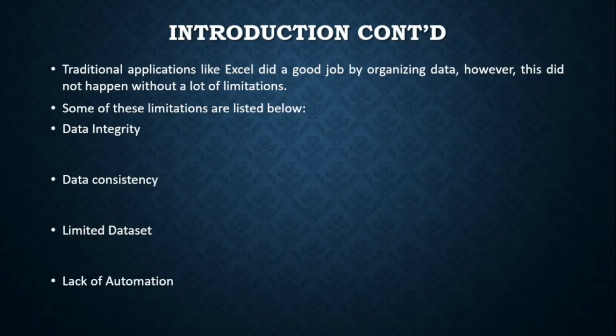As your organization keeps growing, your size of data will keep growing to the point where you start having billions and billions of rows of data. Excel cannot handle this expansion. And then also there's the issue of lack of automation. These are all of the things we're going to cover when we start talking about database management system.